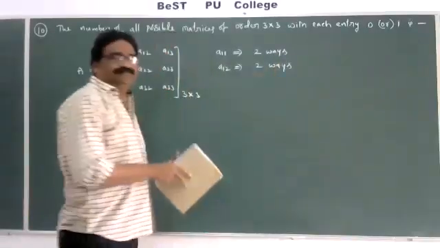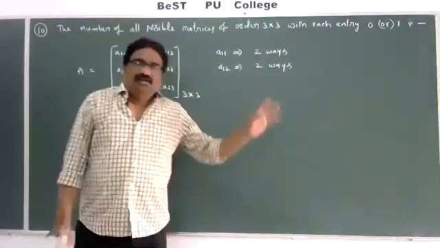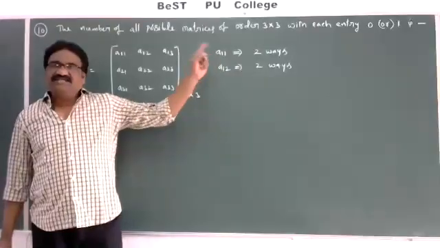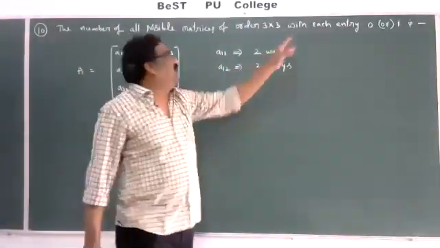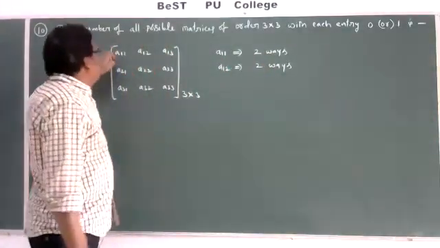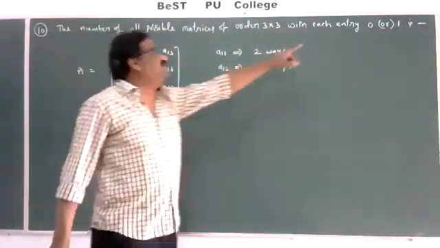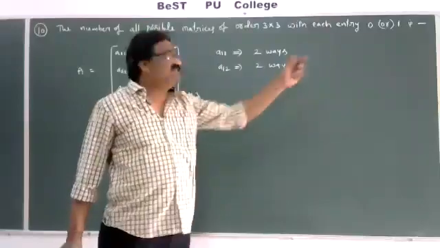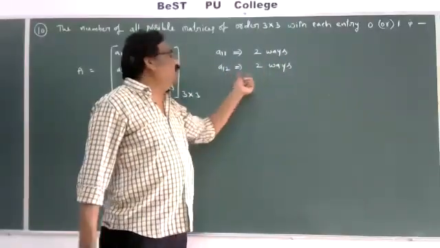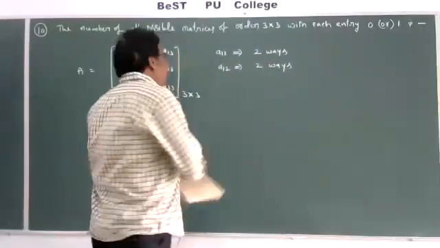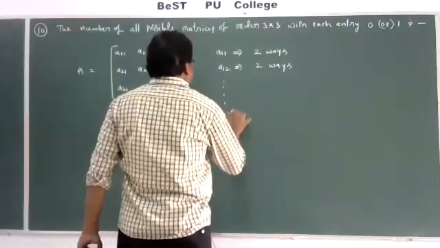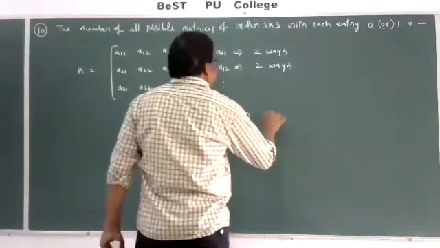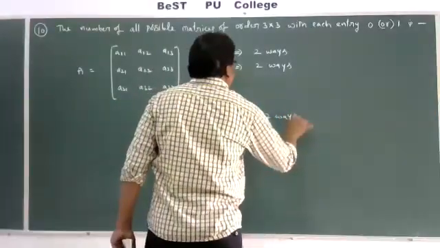You understood? In first year permutations and combinations, you remember that topic, the A11 place is filled, our possibilities are either 0 or 1, that is 2 ways. A12 is in 2 ways, like that and so on. A33 is in 2 ways, either 0 or 1.